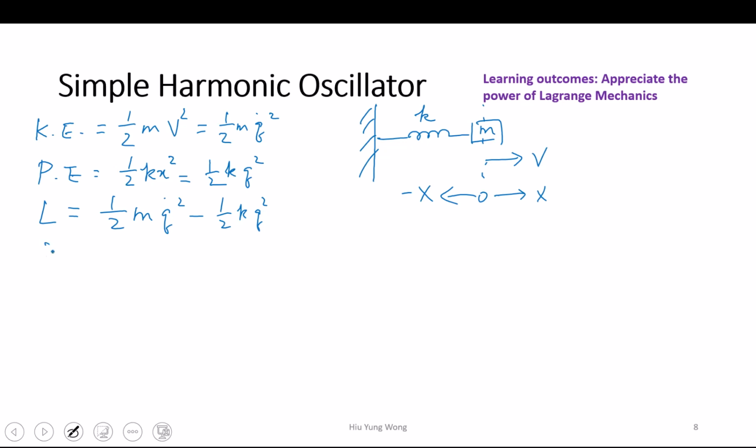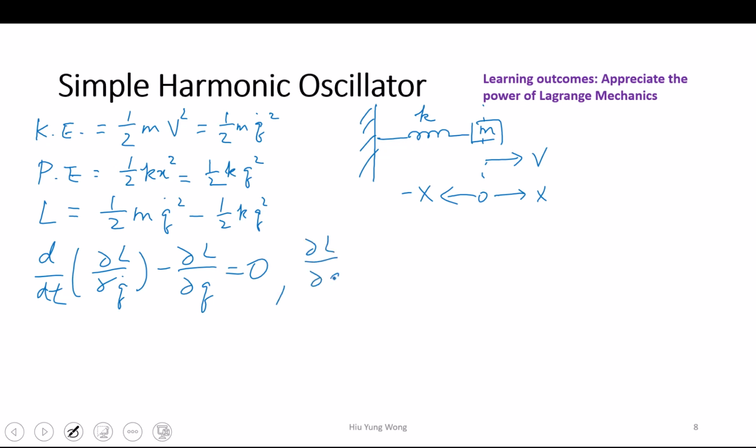Again, d/dt of partial L partial q dot, minus partial L partial q, equals 0. So what is partial L partial q, based on this one?